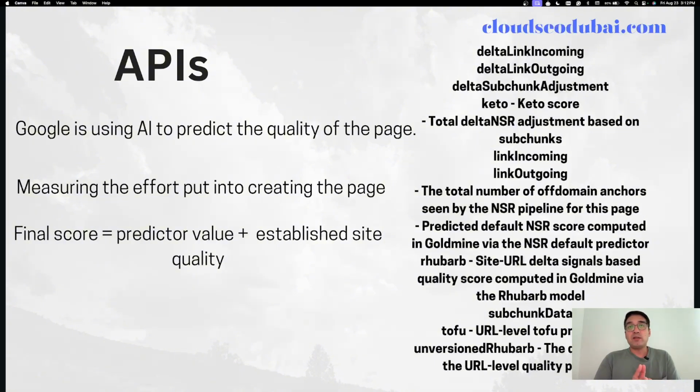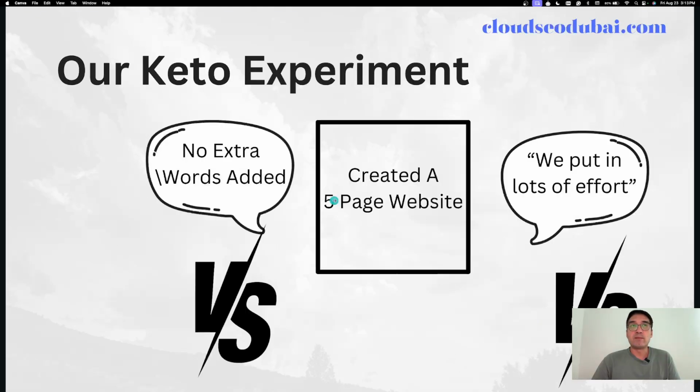So if the site quality is good and the predictor value is high, that means it's a high Keto Score, which means that you could be right on top there in the top 2 or 3 as soon as a news article is published. Something you will see a lot of when you talk about established news sites like maybe TechCrunch, like CNN, like Fox News. But there is a caveat to this, and this is what we'll also go into in this presentation.